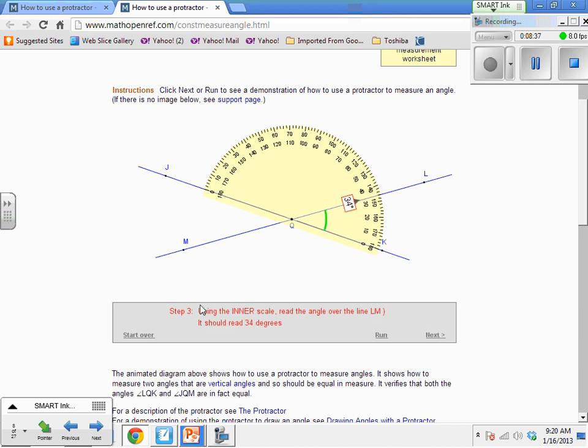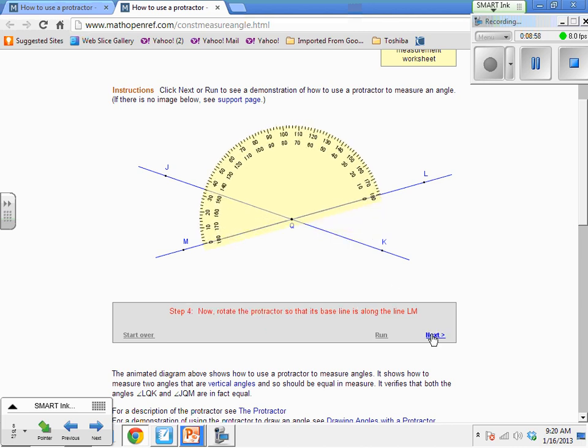Next. Use the inner scale to read the angle over line LM. This is line LM here. All right? It should read 34 degrees. It does according to this, so we're going to trust it. See the arc in here that I drew when I showed you how to draw an angle? Yes or no? Okay. Now rotate the protractor so that its base is along line LM.